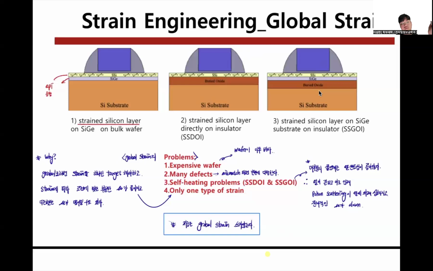There is also a self-heating problem. The process we use to give strain generates a lot of heat, and the dielectric is not good at heat control. So there are many problems for this reason.